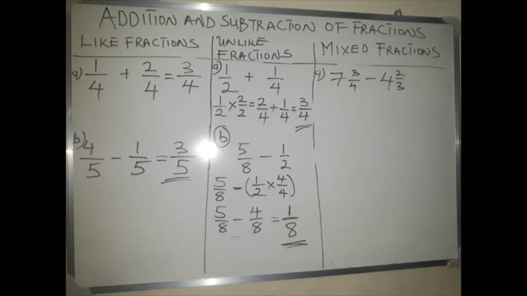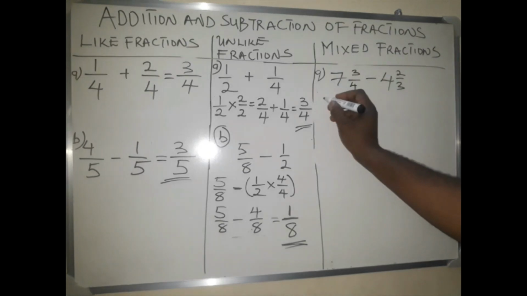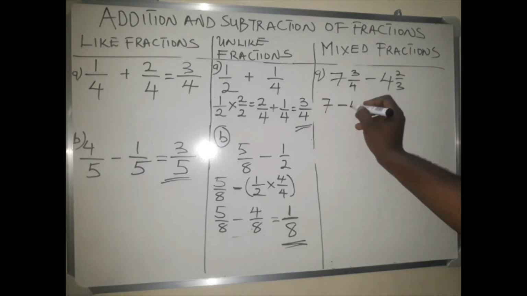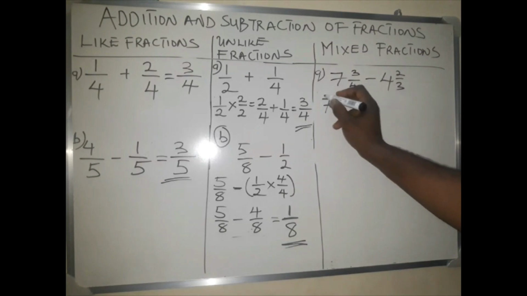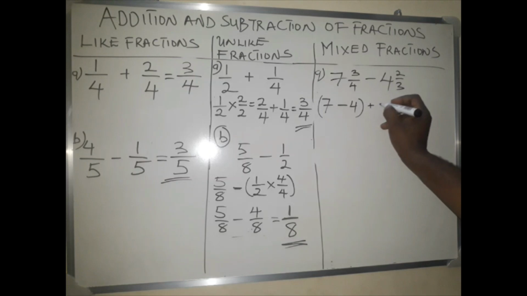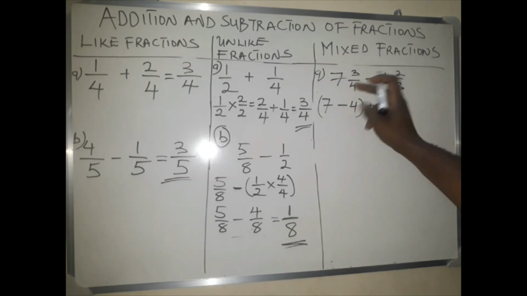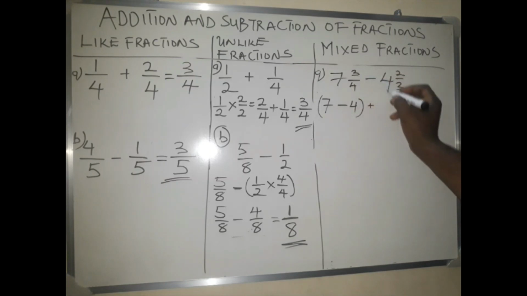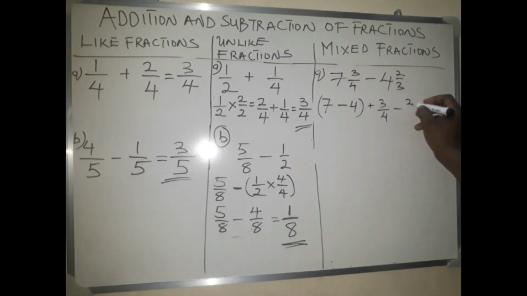So once again, we can separate the whole numbers and say 7 minus 4. You can put it in brackets. And then we say plus, because this and 2 belong to each other, we now say the fraction: 3 over 4 minus what? 2 all over 3.